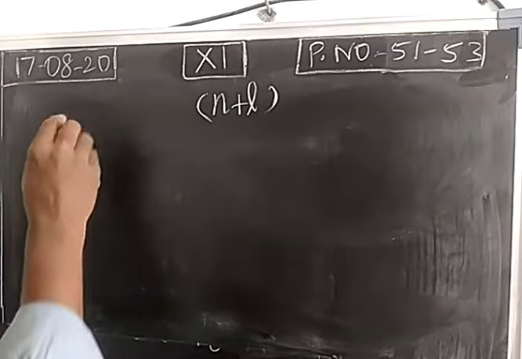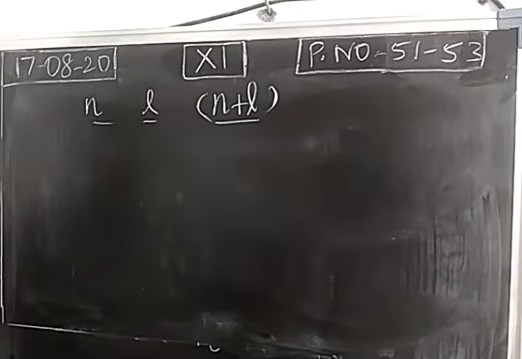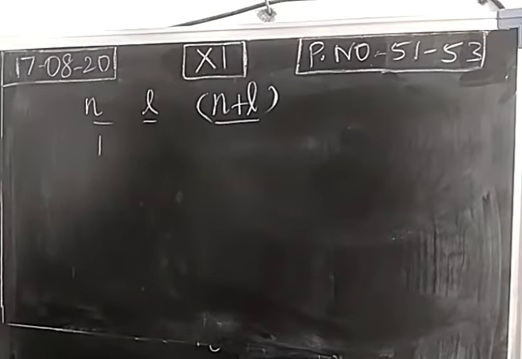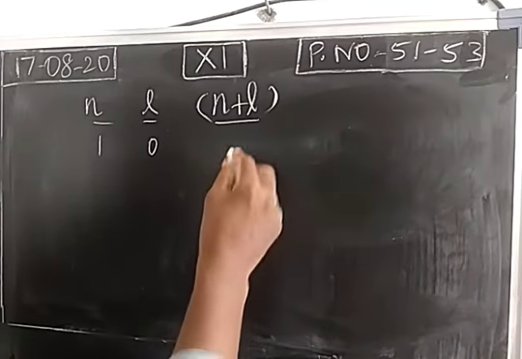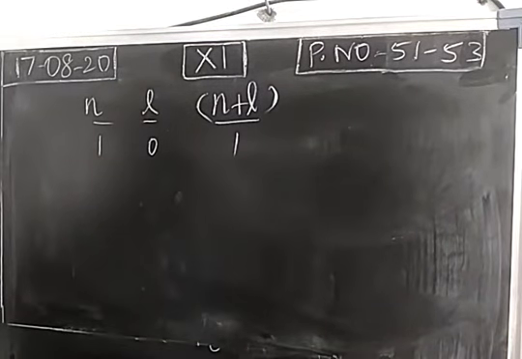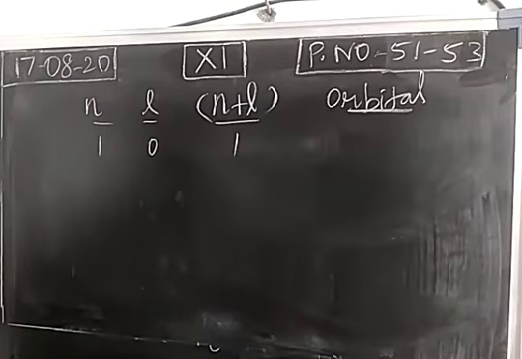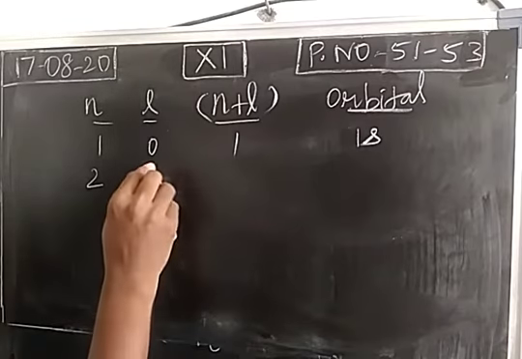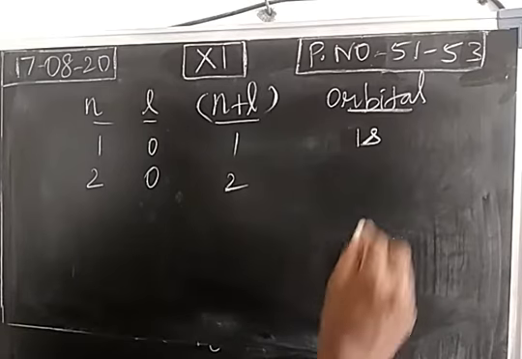So consider the n value and l value for each orbital. Principal quantum number 1, azimuthal quantum number 0, n plus l value 1. So what is the orbital? The orbital is 1s orbital. Principal quantum number 2, azimuthal quantum number 0, n plus l value 2, so 2s.